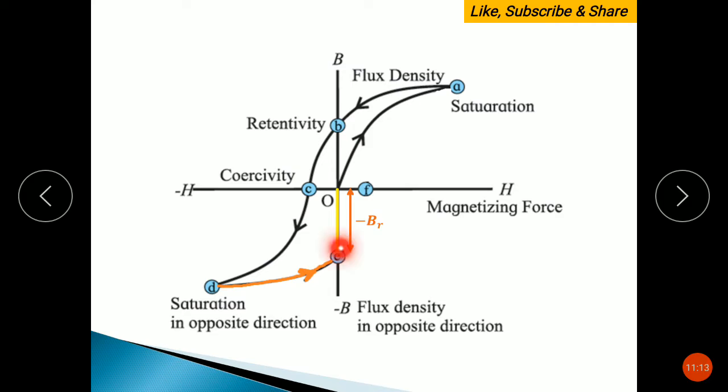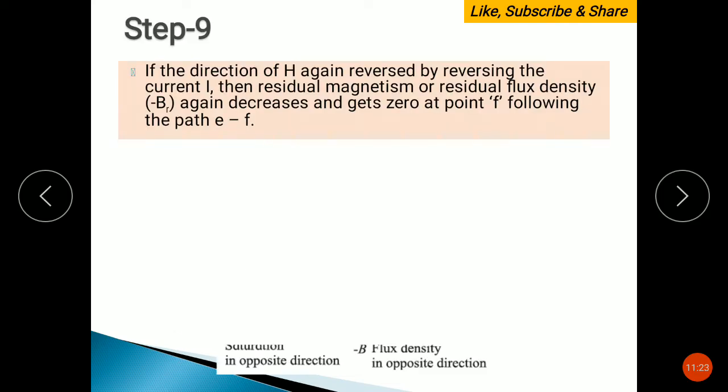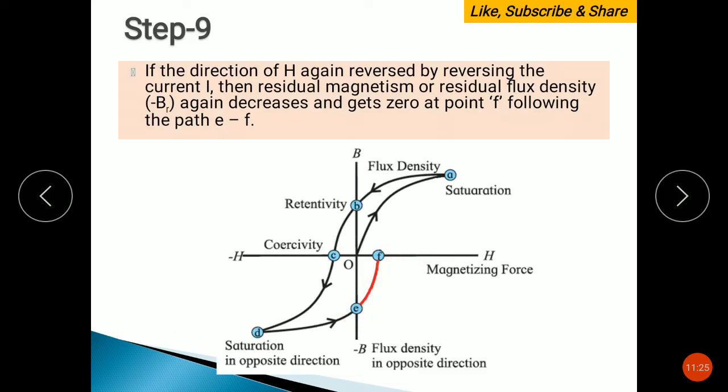Now if I want to make this 0, we again increase the current back in the positive direction, so it will follow the path E to F. At point F, B is 0, the reverse-direction residual flux in the material is 0, and H is positive. Now we can increase the current up to the maximum value.